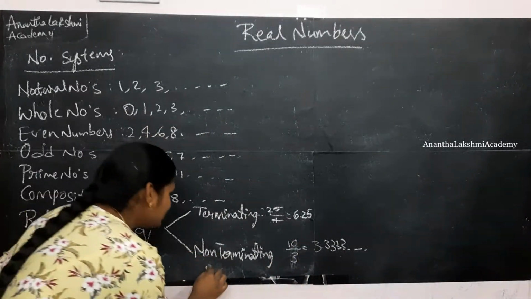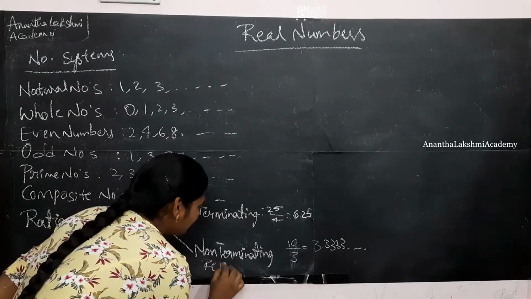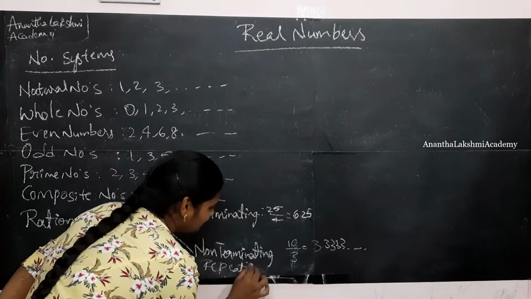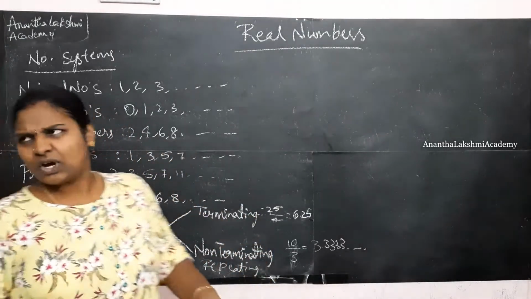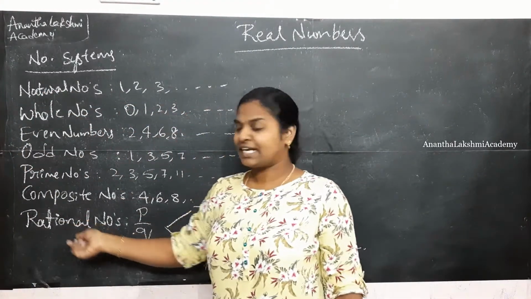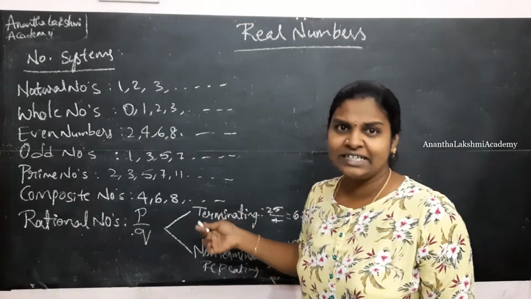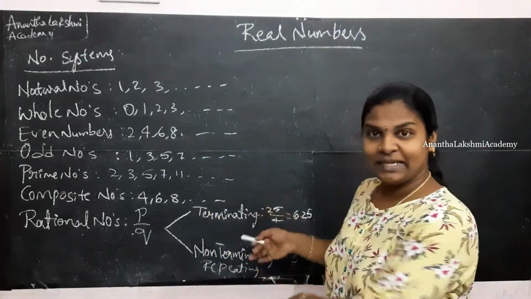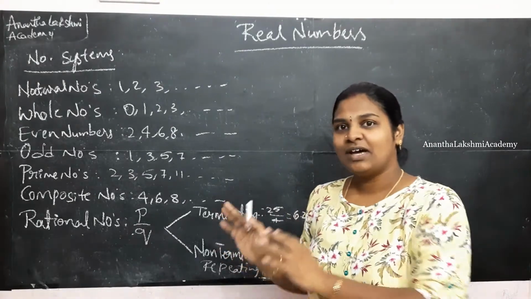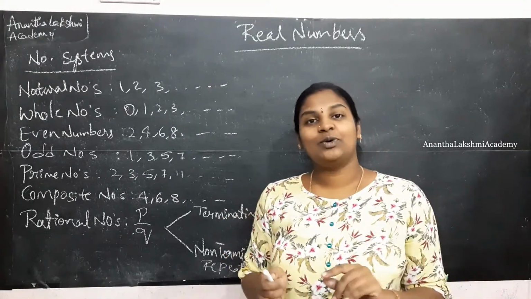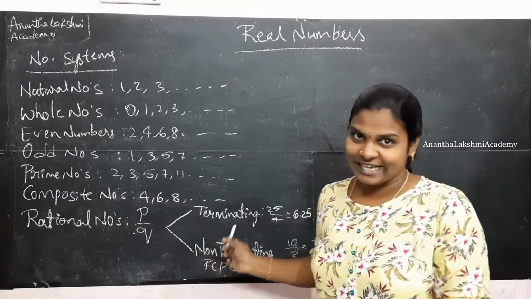The second type is non-terminating and repeating. For all the numbers, I just gave a simple explanation. And why am I stressing on rational numbers, terminating, non-terminating and repeating all this? You will get to know as we go on. So please do watch this video till the end.